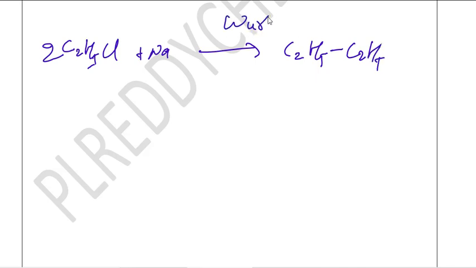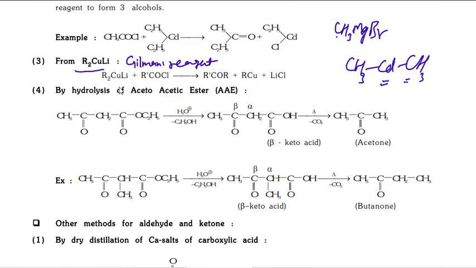C2H5Cl plus sodium is there. It will take 2 moles and you will get C2H5, C2H5. This is the Wurtz reaction. Here ether is the medium. Suppose if you want to prepare propane, in that case what will you take? C2H5Cl plus, you can take dialkyl cadmium also, otherwise alkyl R2CuLi, dialkyl copper.